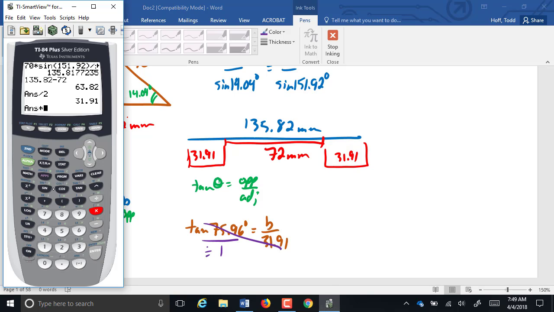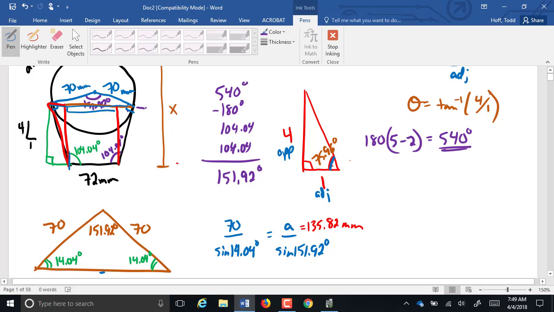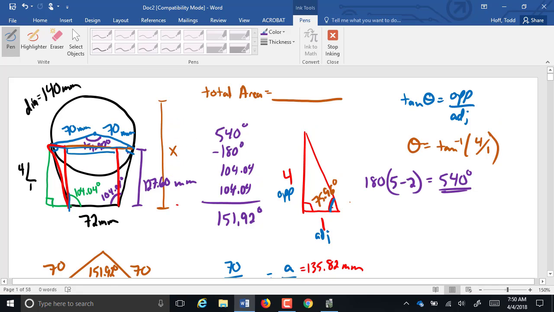So 31.91 times the tangent of 75.96 divided by 1, 127.60 is B. So that gives me up here, from here to here, 127.60 millimeters. Now, from the center of the circle up, I know that's just 70 millimeters. That's just the radius of the circle.